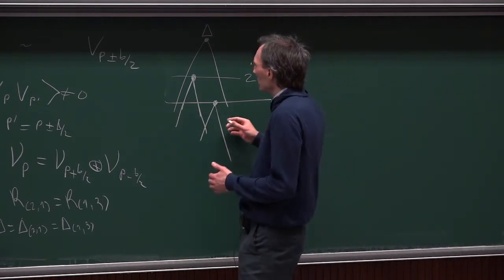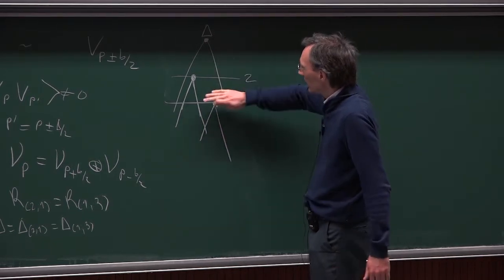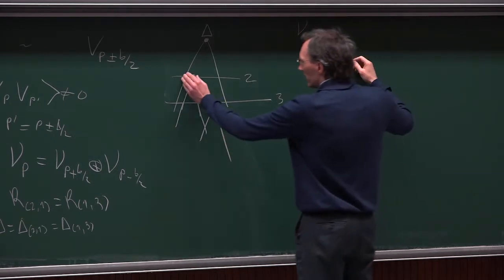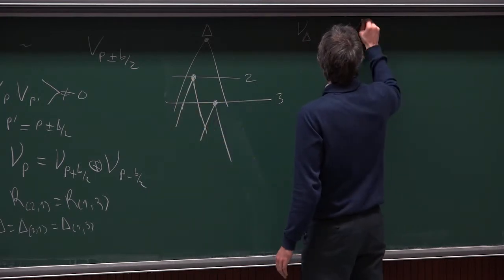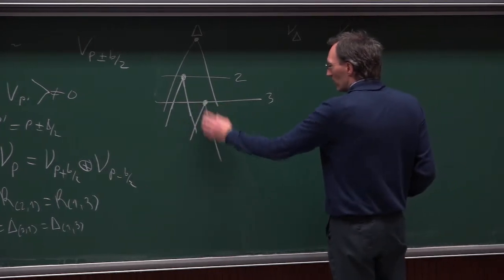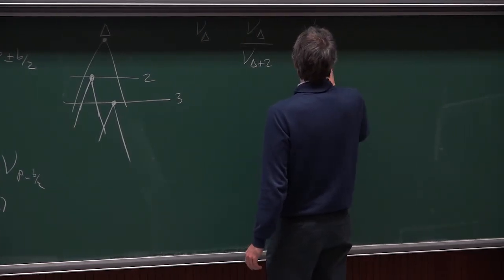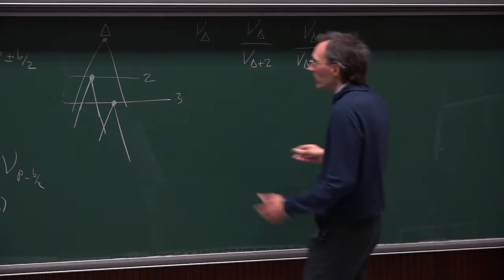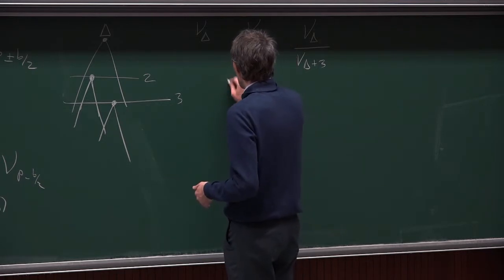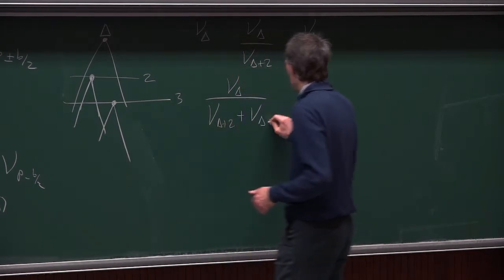So, in principle, I could define four different representations here. This Verma module, let me call it V_delta, or I could mod out by whatever is generated by this null vector, so that would be V_delta over V_{delta+2}, or I could mod out by the module generated by the other null vector, so that would be V_delta over V_{delta+3}, or I could even mod out by these two submodules, assuming, therefore, that the two null vectors vanish, and that would be V_delta over V_{delta+2} plus V_{delta+3}.